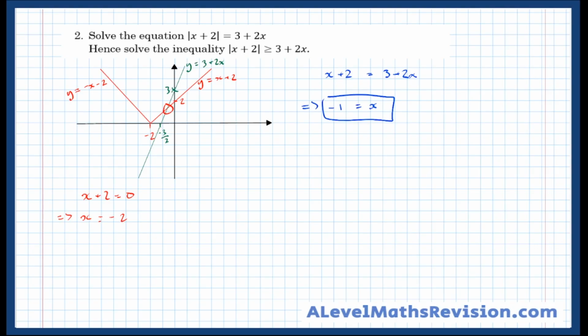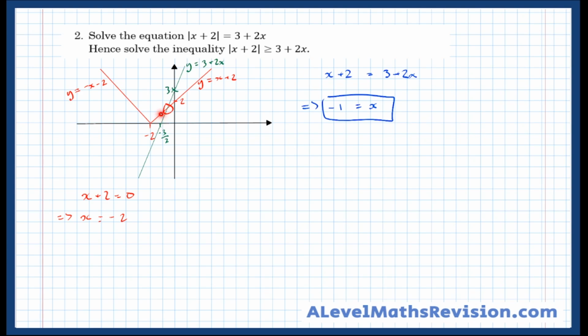Then it says hence solve the inequality mod of x plus 2 is greater than or equal to 3 plus 2x. Well, we want where the graph of x plus 2 is above, i.e. greater than or equal to 3 plus 2x. Where this graph is above that graph. And we can see that the red is above the green. Anywhere to the left of this point, it's directly above. So you go straight down you go to the green graph, go straight up, you get to the red.